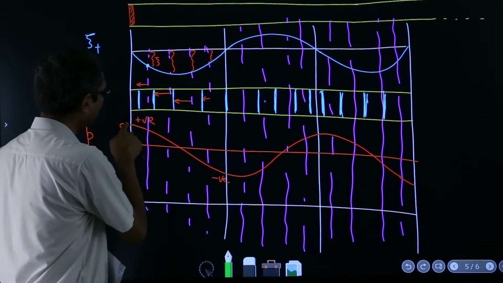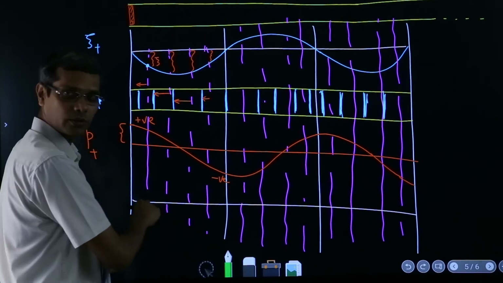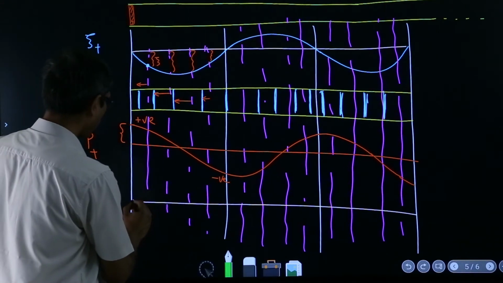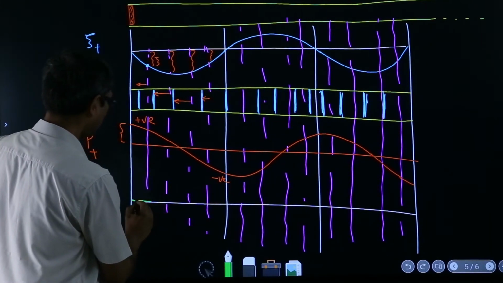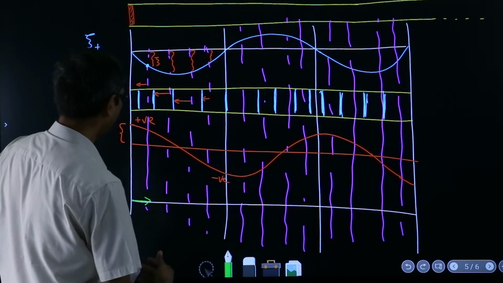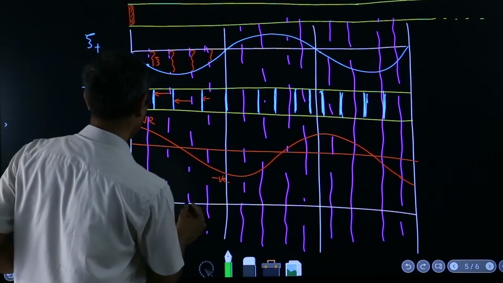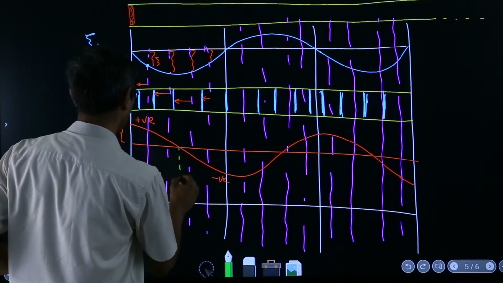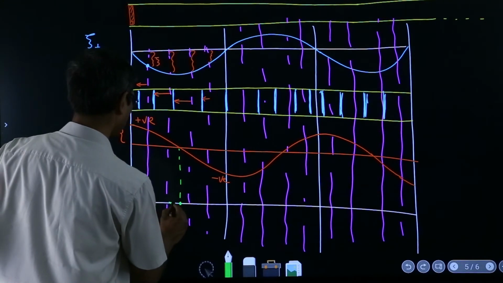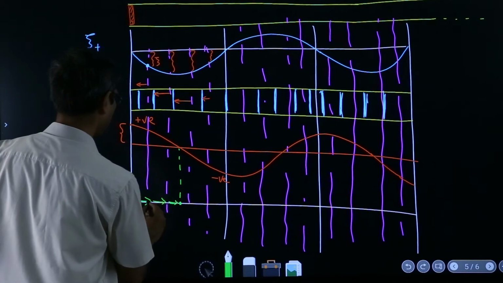So wherever there is a higher pressure, we will have a higher velocity also, and in the positive direction. So here we will have a small velocity, and like that, okay.